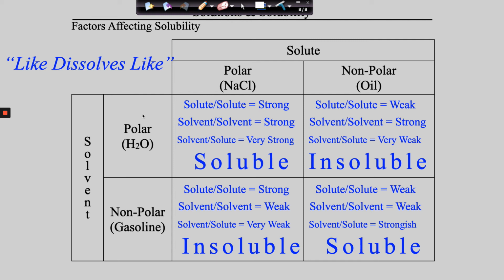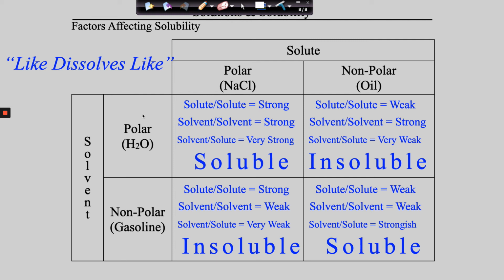So guys, let's use our examples. How would you talk about the idea that salt dissolves in water? We would say something like this: the very polar water molecules are strongly attracted to the salt ions, allowing the salt to dissolve in water. Do you see how that goes?